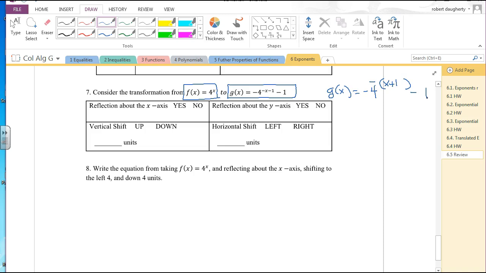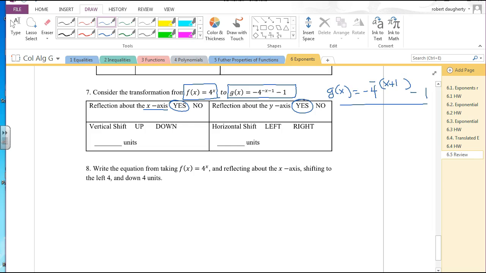Okay, so has it been reflected about the x-axis? If that's the case, I got a positive in front and a negative in front. Yes, the negative in front of this entire equation tells me it's reflected about the x-axis. Has it been reflected about the y-axis? You look at your exponent, 4 to the positive x. And then over here on g, I've got 4 to the minus x minus 1. So I've got a negative. So it has been reflected about the y-axis.